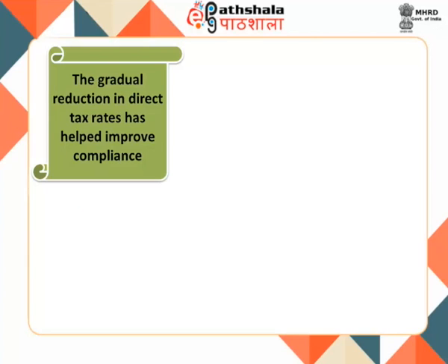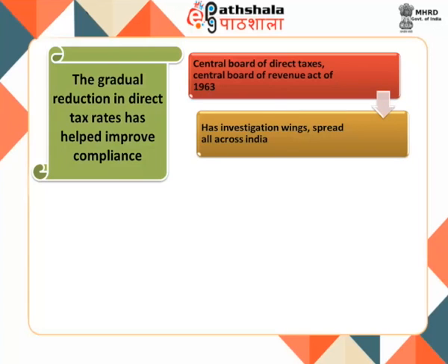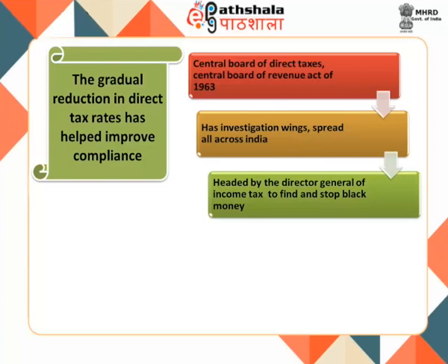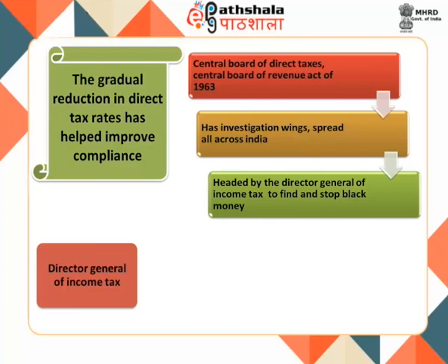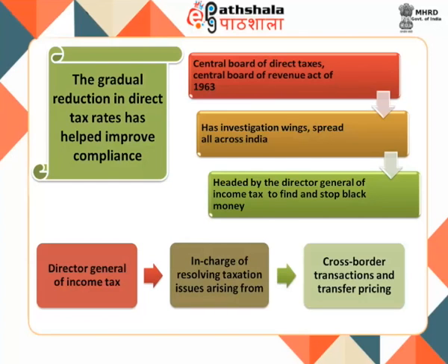The Central Board of Direct Taxes, a statutory authority functioning across India under the Central Board of Revenue Act of 1963, has investigation wings spread all across India, which are headed by the Director General of Income Tax Investigation to find and stop black money. The Director General of Income Tax International Taxation is in charge of resolving taxation issues arising from cross border transactions and transfer pricing.